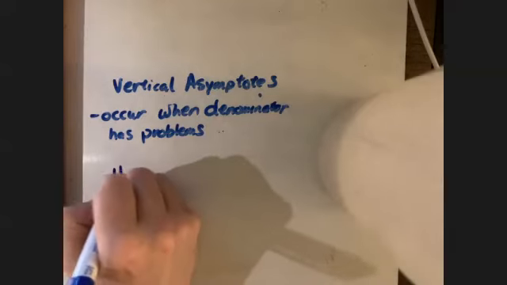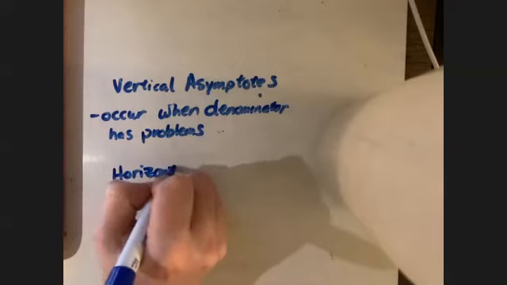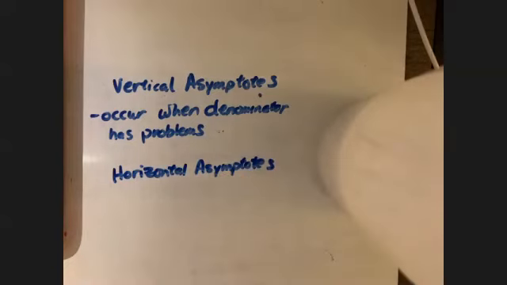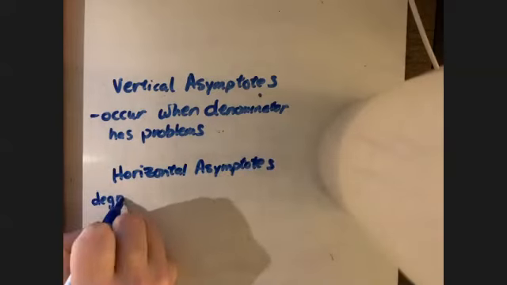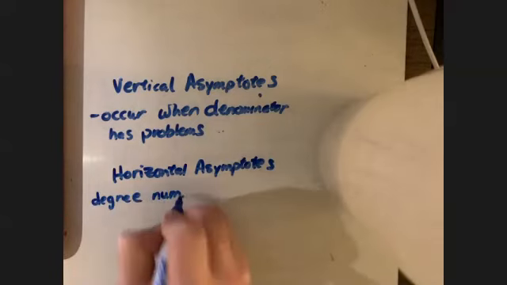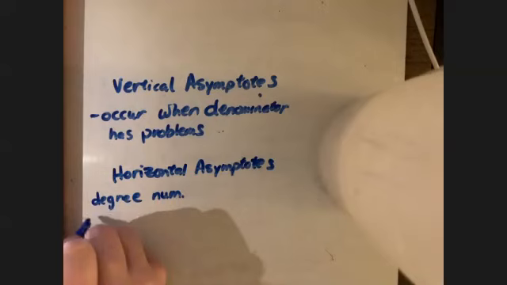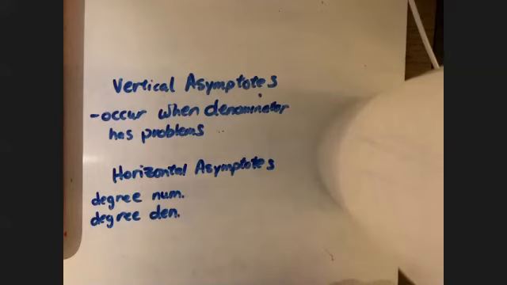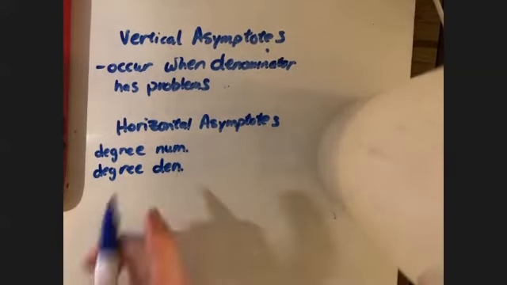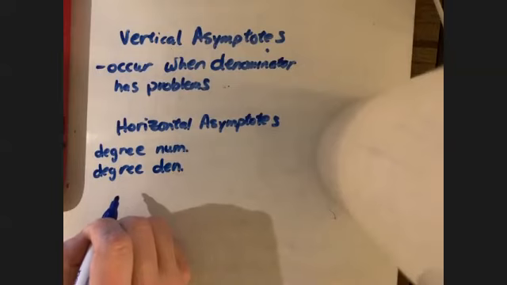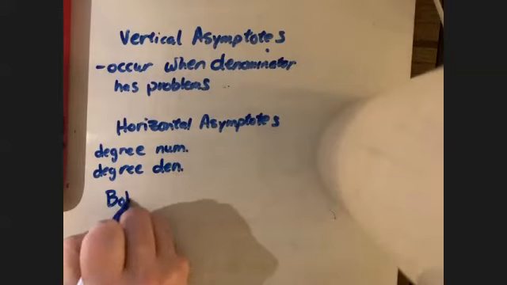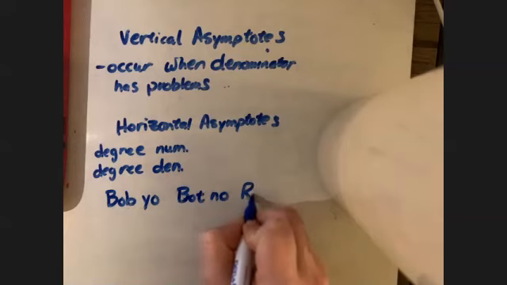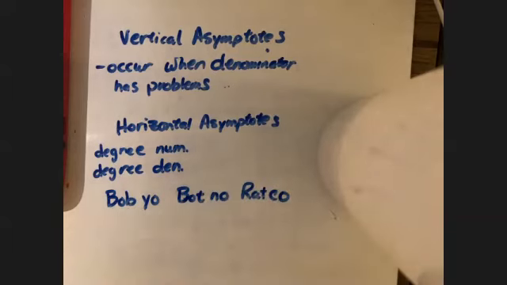Now, horizontal asymptotes. With these, we need to look at the degree of the numerator. Okay, guys, degree is the highest power. We also need to look at the degree of the denominator. Now, one of three things is going to happen. And you may recall this from Algebra 2 or pre-cal. Bob, yo, bot, no, rat coat.